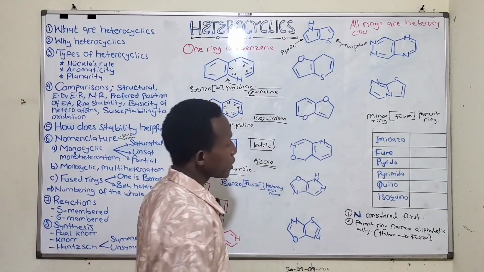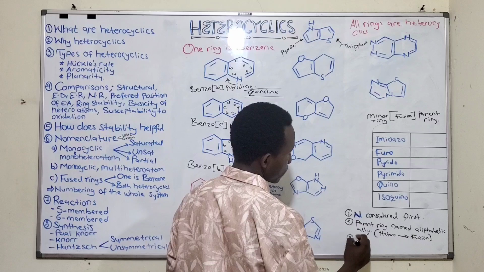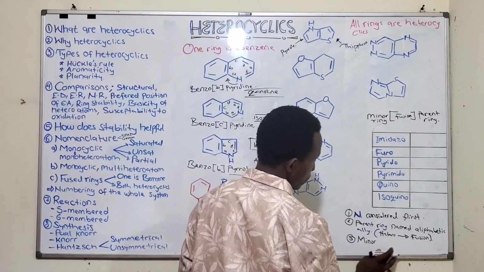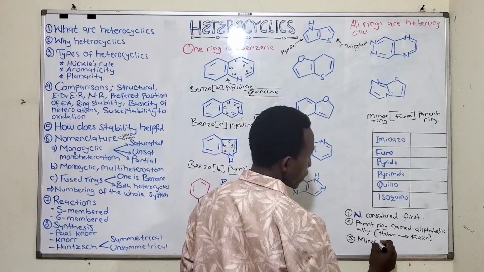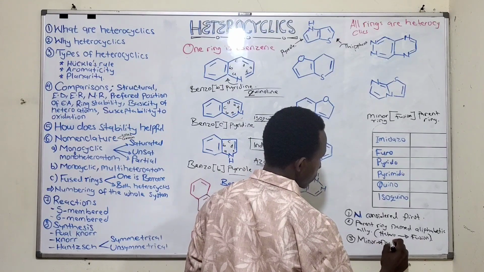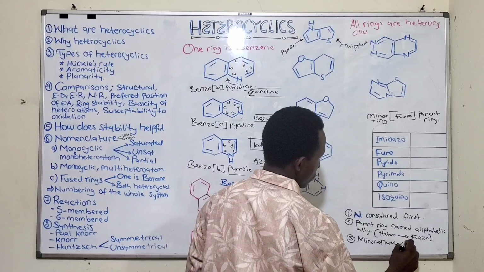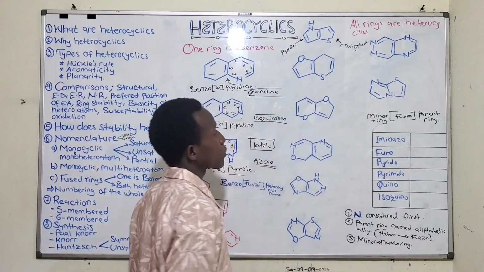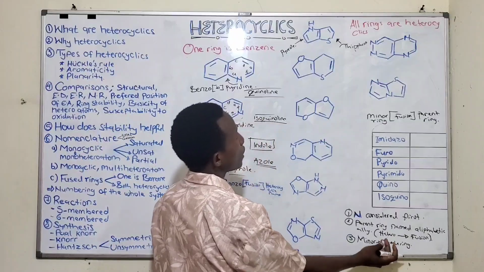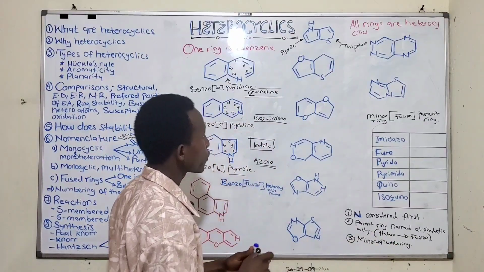Then for the minor ring, you just number them. We go by numbering, like we give them the integers. So numbering also from the heteroatom towards the fusion.